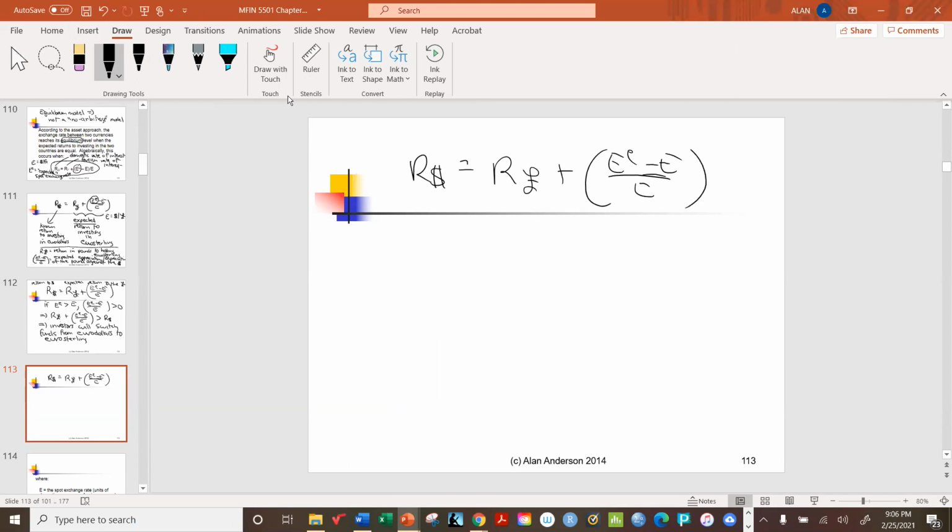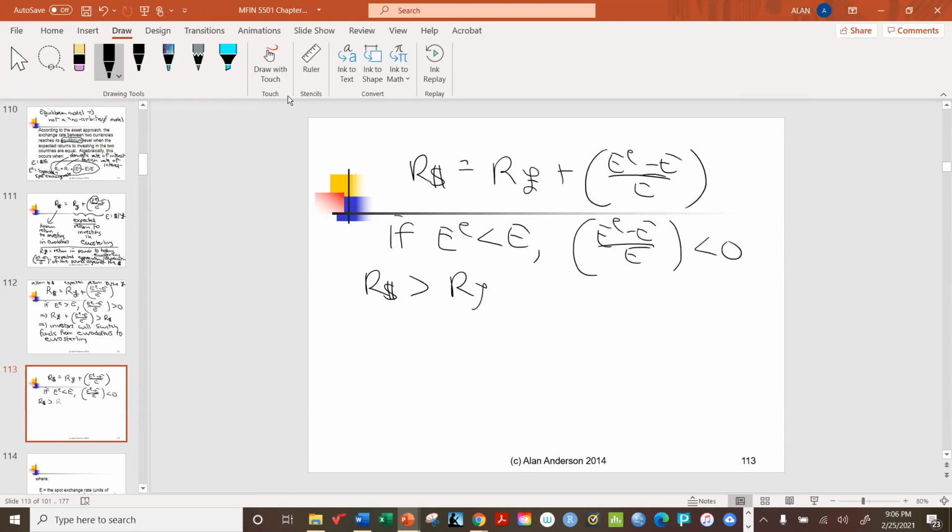If investors expect the opposite, then this term will be negative, and that means that the left-hand side will exceed the right-hand side. And therefore, investors will want to do the following.